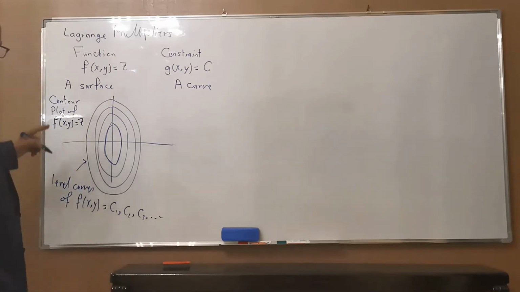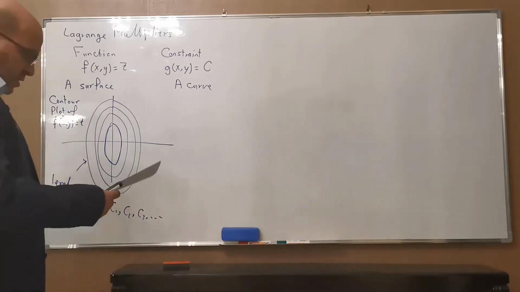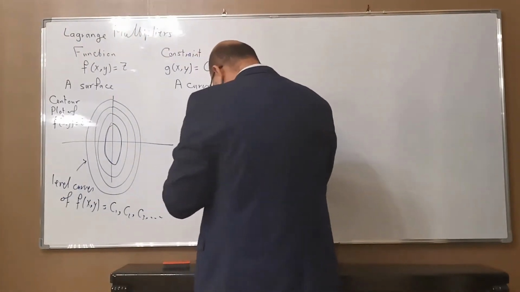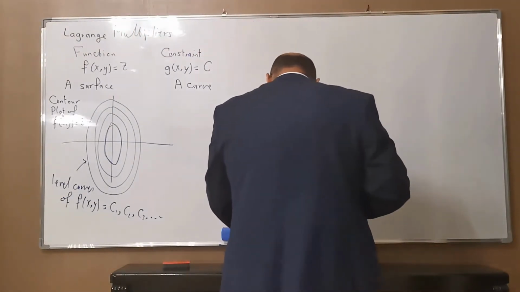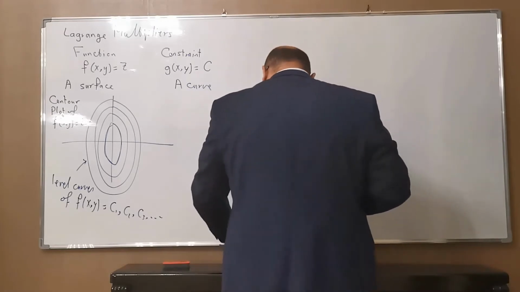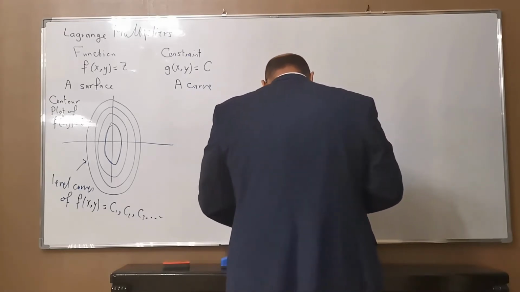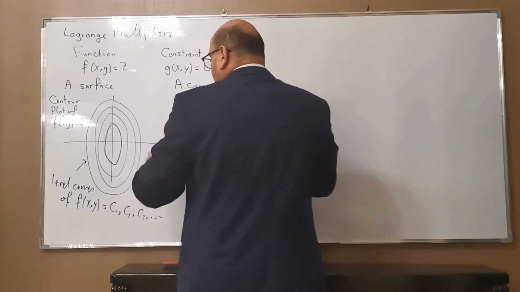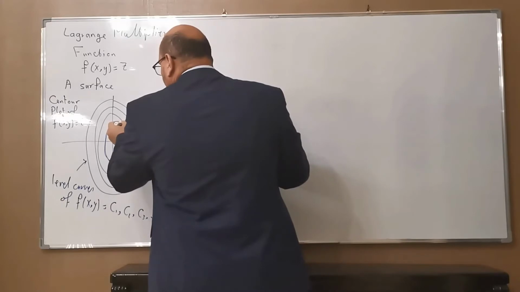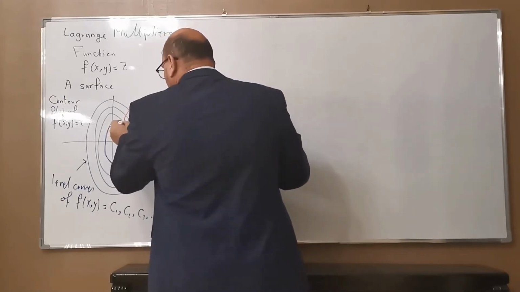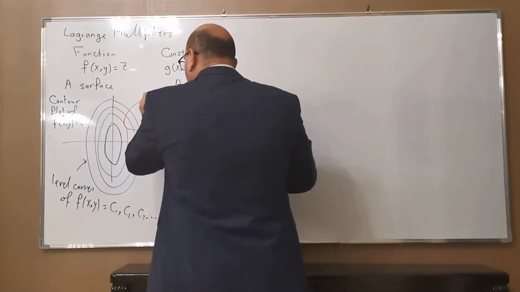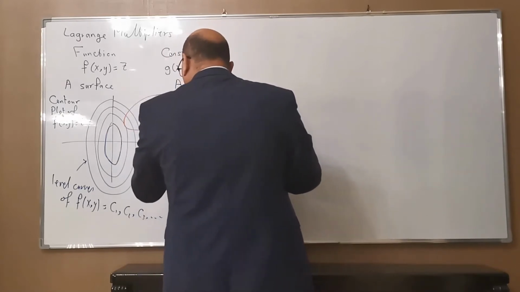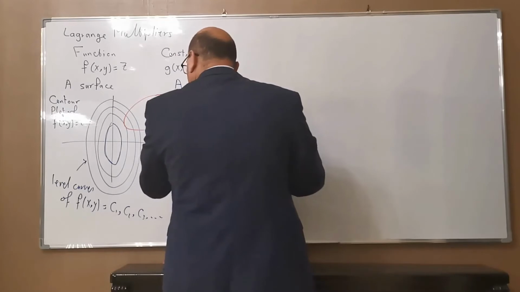And g of x and y is another curve that has some other shape. And let's do it with the red line. And we will assume that it will touch this level curve like this. So if we assume this is to be our g of x and y to be equal c.